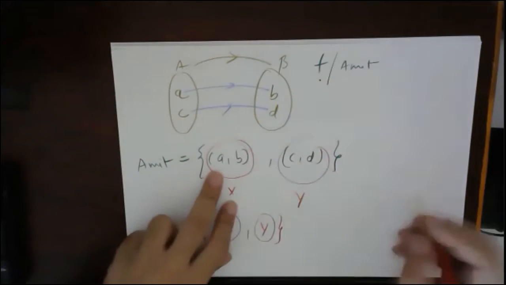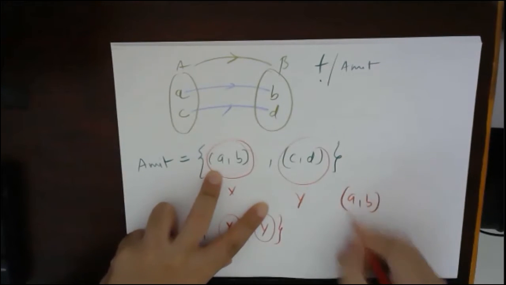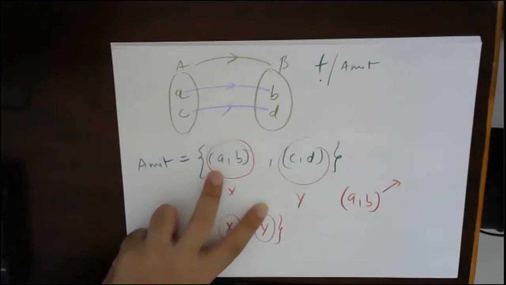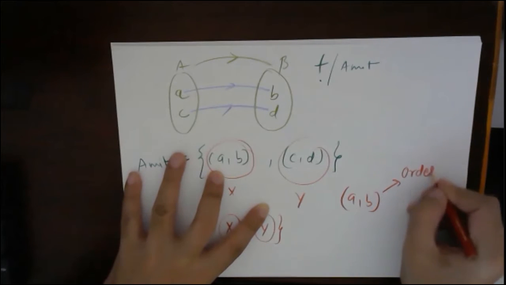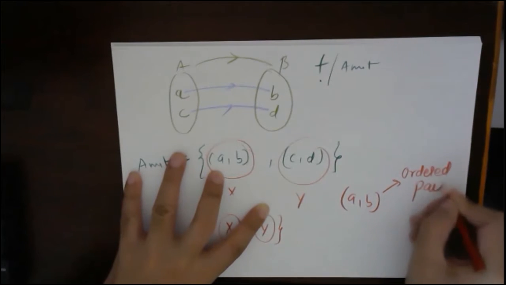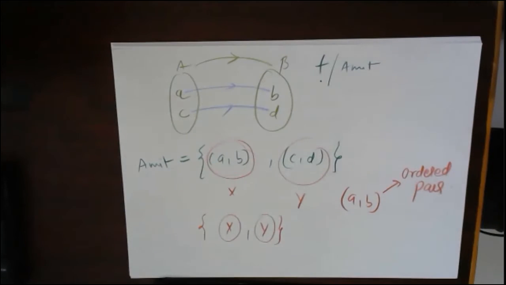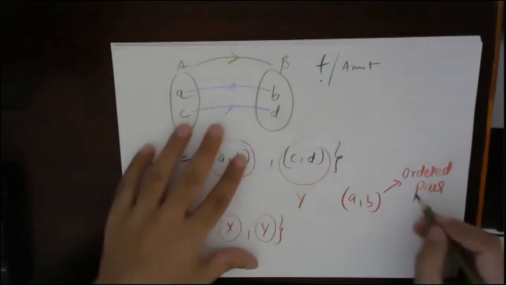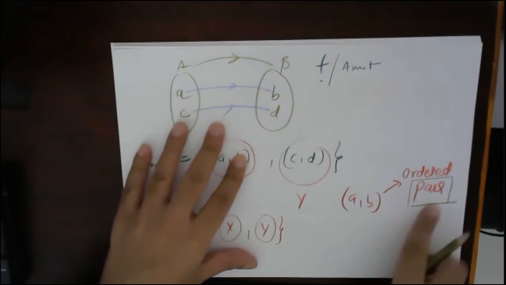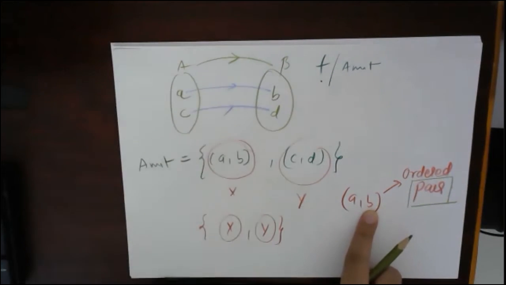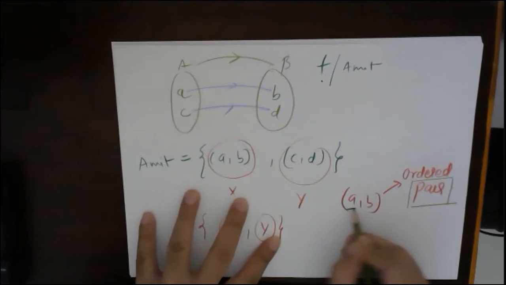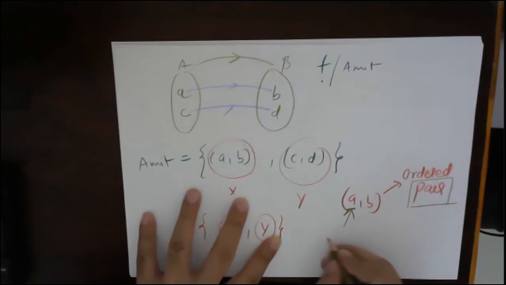Okay, this A comma B in this form is known as an ordered pair. We will look at the meaning of ordered and pair separately. First thing, pair. Everybody understood why this is a pair? Because this is A and B, A comma B. Now this first part will be coming from which set?